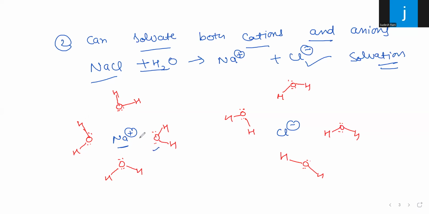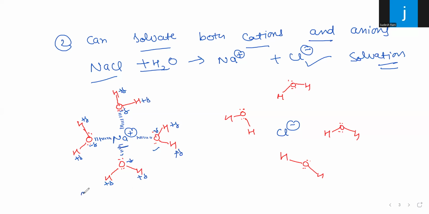A positive charge will be surrounded by negatively charged atoms, the partial negative oxygens. So you can see there will be interaction between O negative and Na positive, O negative and Na positive, again and again.